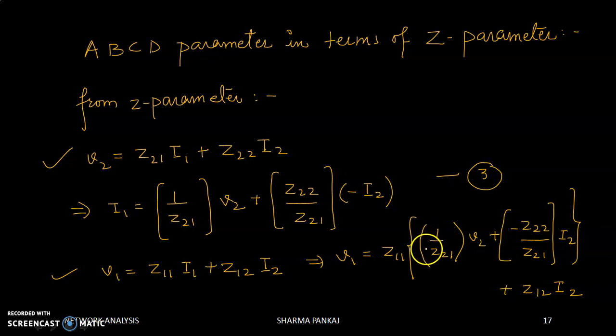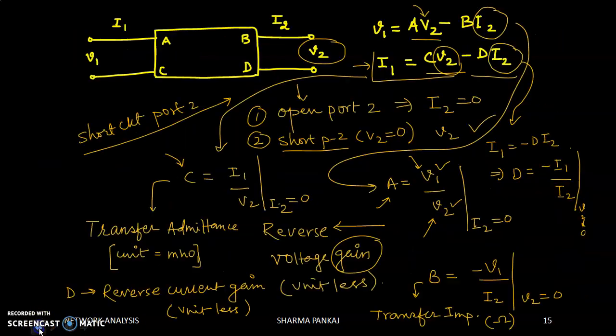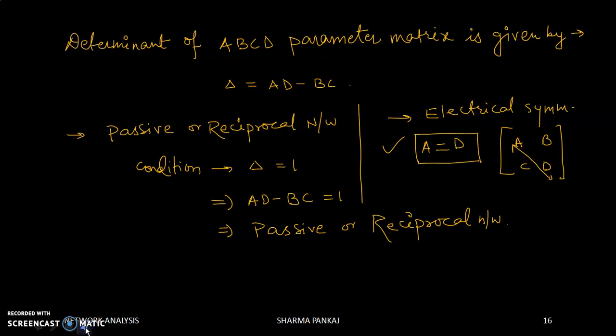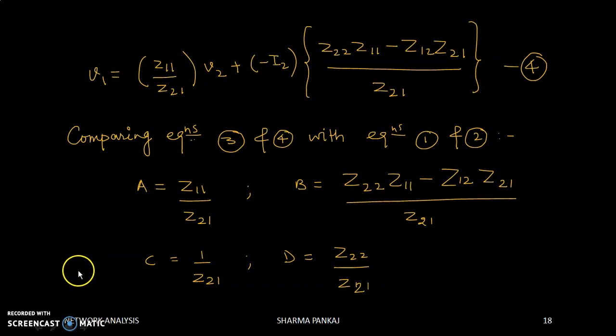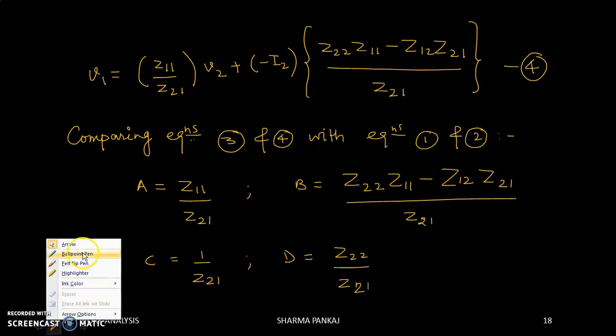Now compare equation 3 and equation 4 with the governing equations of the ABCD parameters, that is V1 is equal to AV2 minus BI2, and the second one is I1 is equal to CV2 minus DI2.